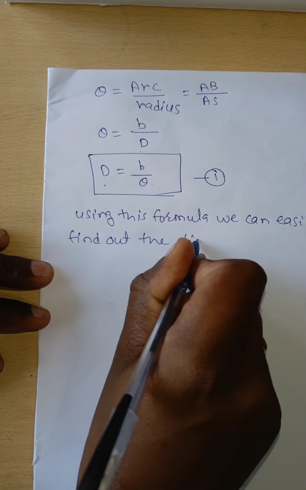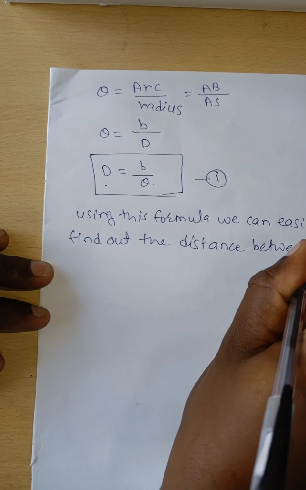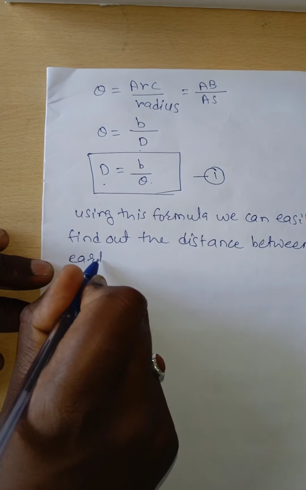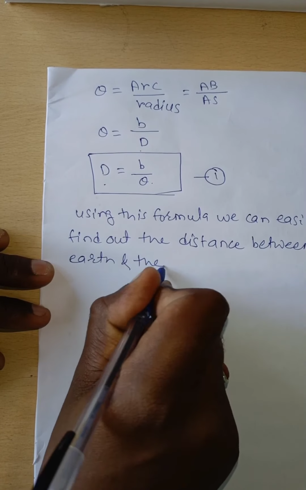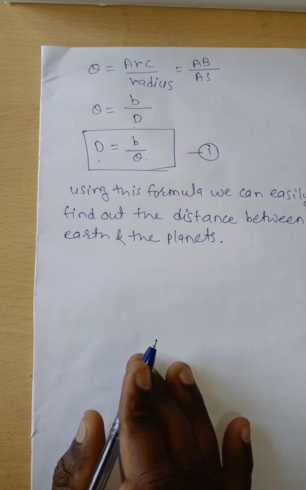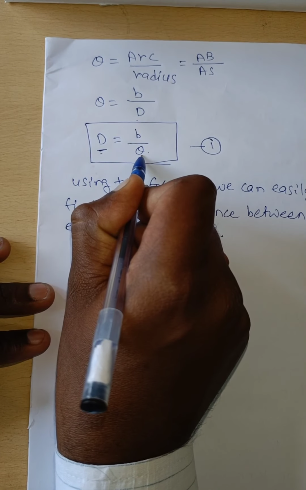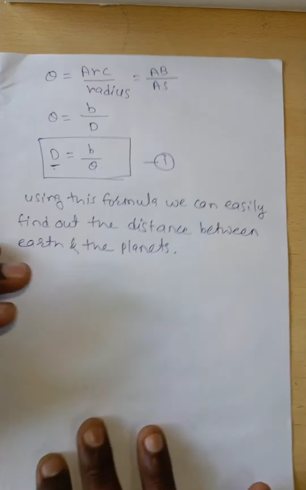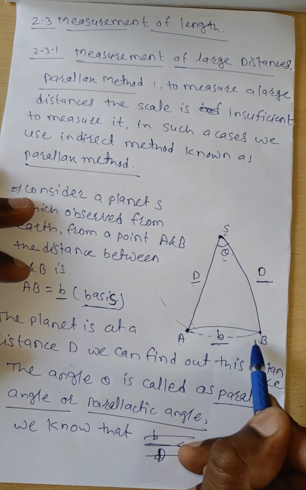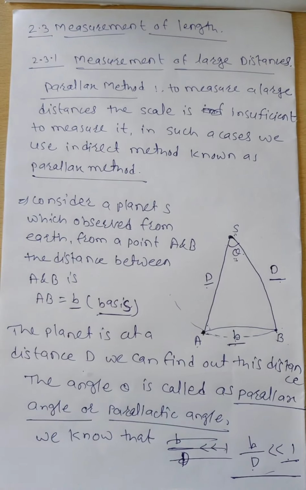Therefore the distance is equal to basis divided by parallax angle. Now this is the parallax method. Using the parallax method we can easily find the distance.